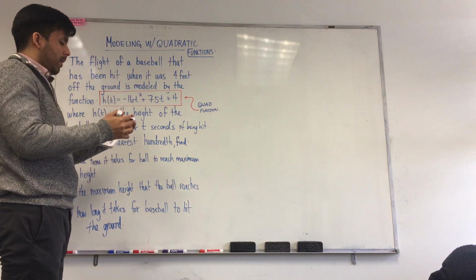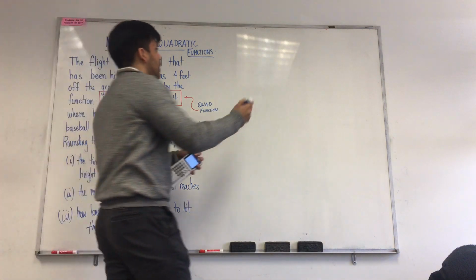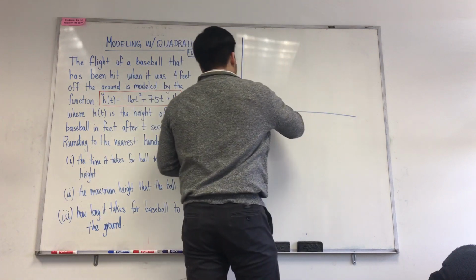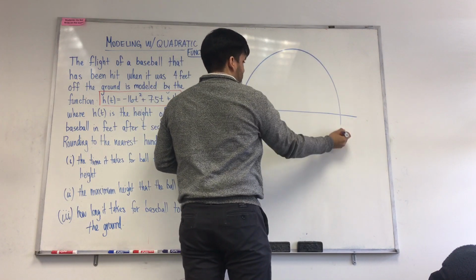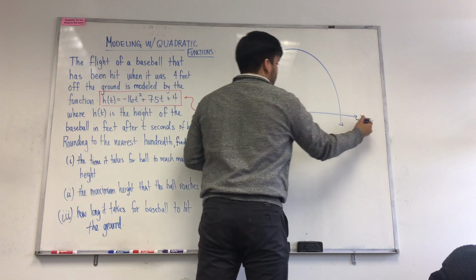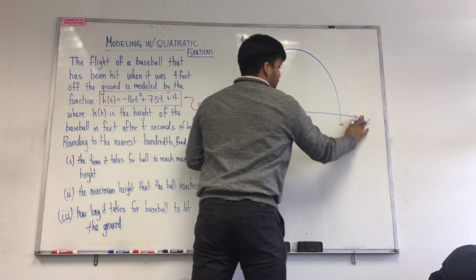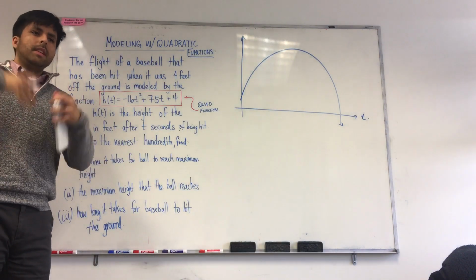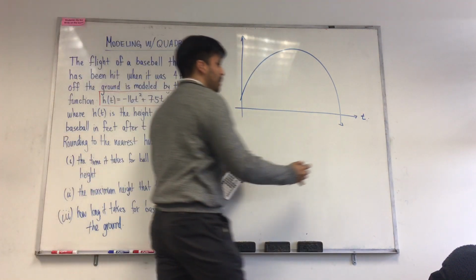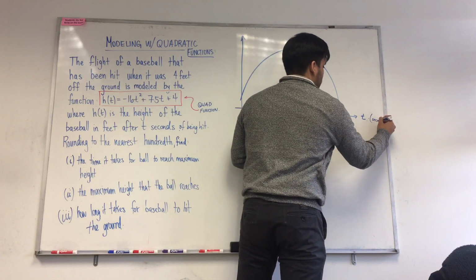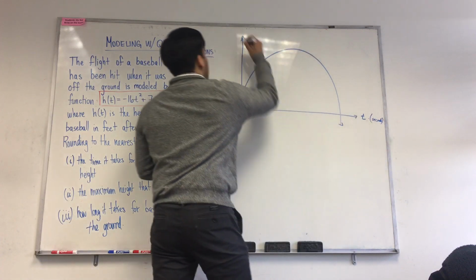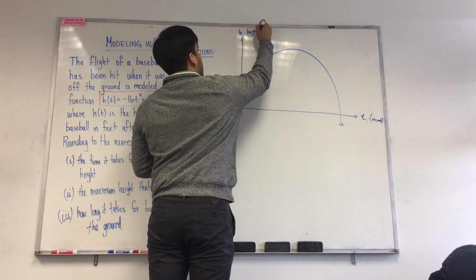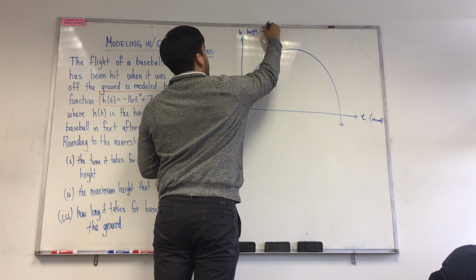So when I graph it, I get this kind of graph. And I should make this not an x, but a t, because my function inputs time, t. And this time is in seconds. We also have the height, which is in feet.